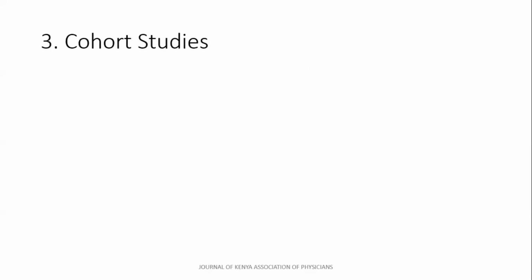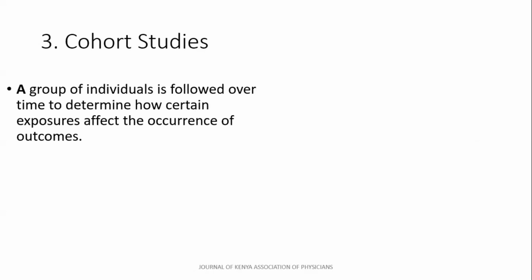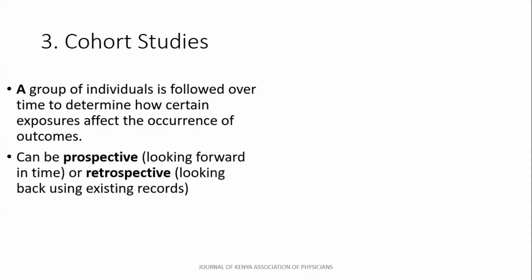Yeah, so now we move to cohort studies. So in cohort studies, a group of individuals is followed over time to determine how certain exposures affect the occurrence of outcomes. So they can be prospective, looking forward in time, or retrospective, looking back using existing records.